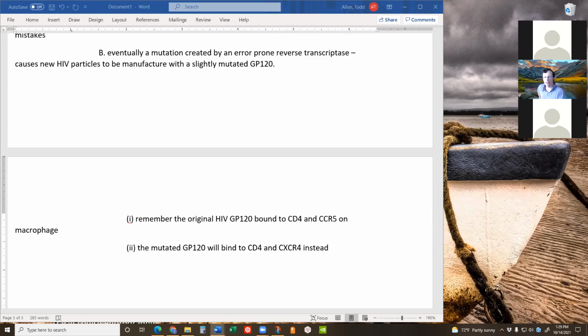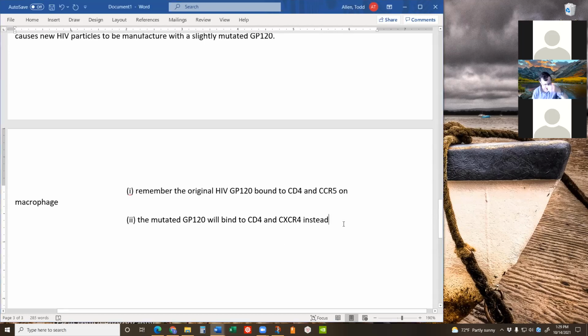Okay, we put it in today's notes. Okay, thanks, Aubriana and Ireland, right? T cells. Okay, T cells, absolutely. So I'll finish the notes here. The mutated GP120 will bind to CD4 and CXCR4 instead. CXCR4 is only found on T cells.